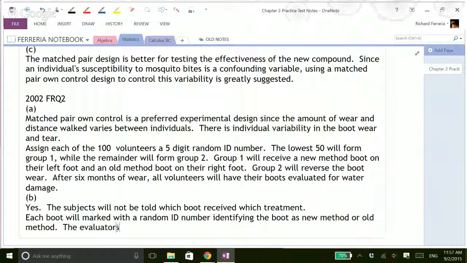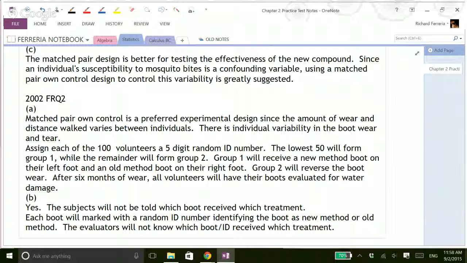The evaluators will not know who received which treatment. So all the odd boots are the new treatment, and all the even boots, you probably don't want to do that.